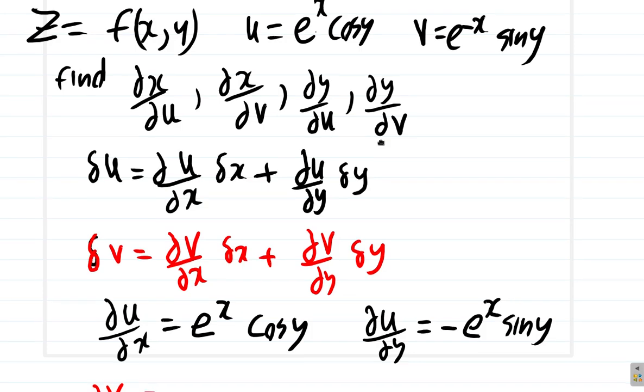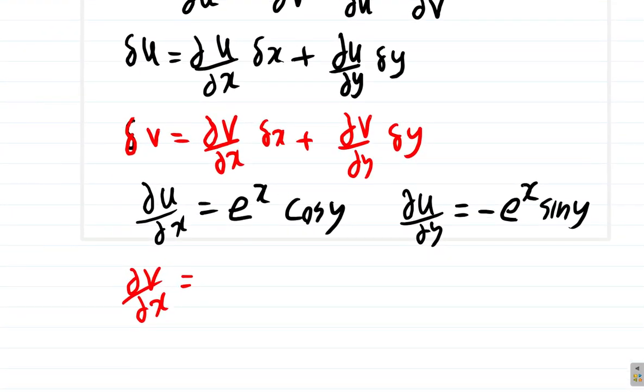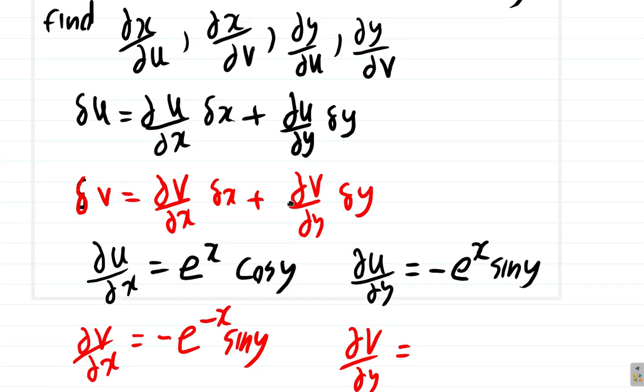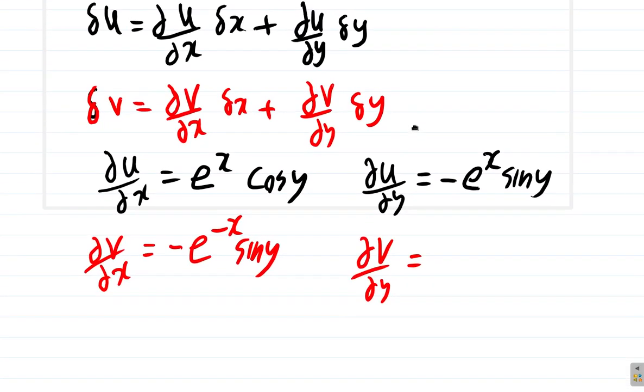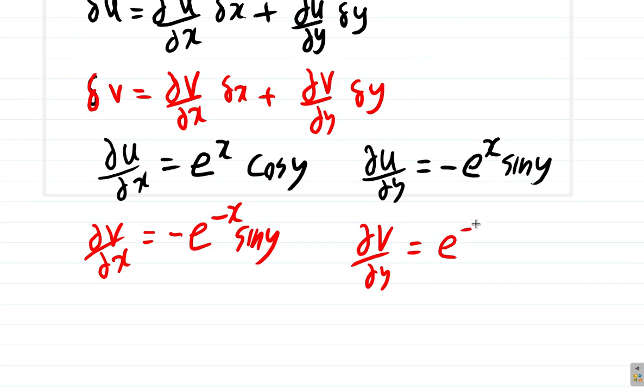So it's negative e to the negative x sine y. And then the partial of v with respect to y, delta v by delta y. Well, let's see what v was again. V was e to the negative x sine y. When you differentiate sine, you get cos. So you're going to get e to the negative x cos y in this case.